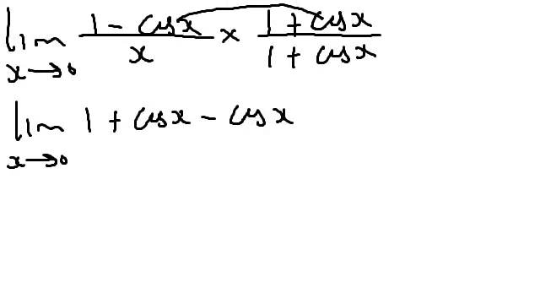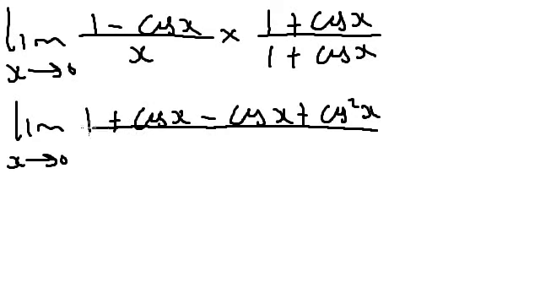The negative cos x times cos x, that's positive cosine squared x. And this is divided by the product of these two. Let's not expand, let's leave it that way. That's x multiplied by 1 plus cosine x.